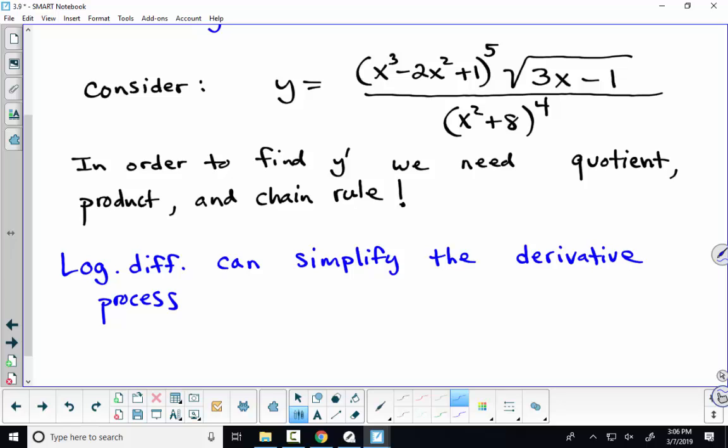And there are some nuances that we don't really get into, but for us, know that this is a valid technique. Simplify the derivative process of functions like the one above. So exactly how does that happen? How does introducing logarithms simplify the derivative process of a function like that?